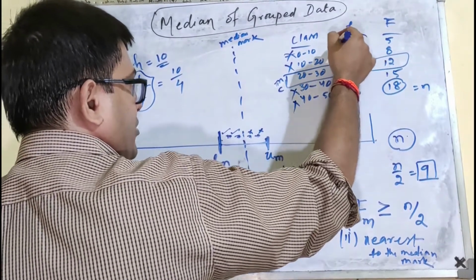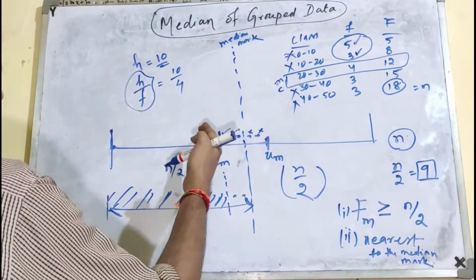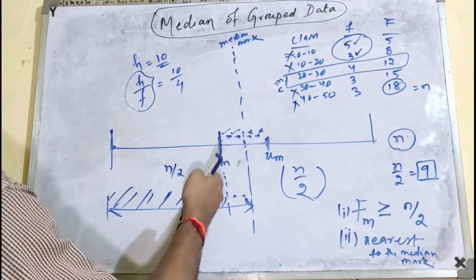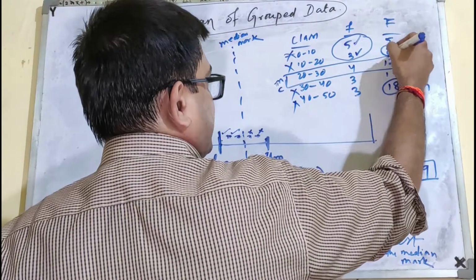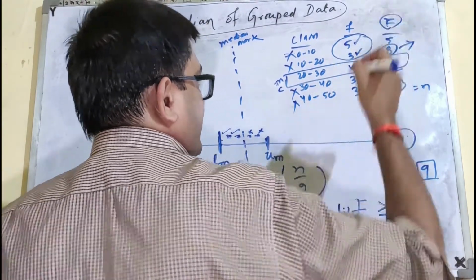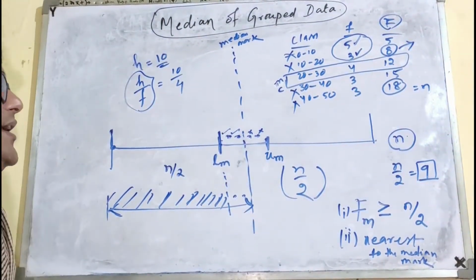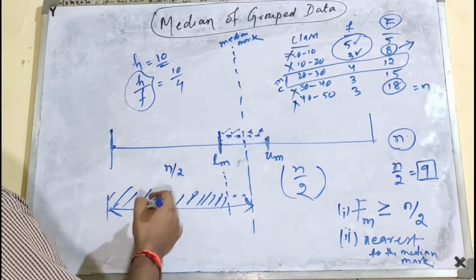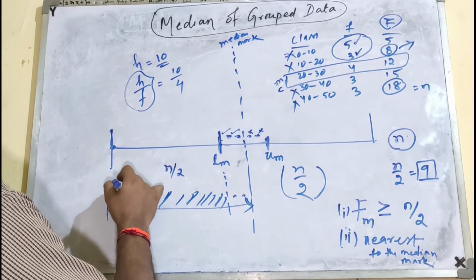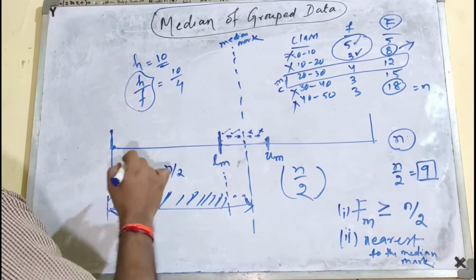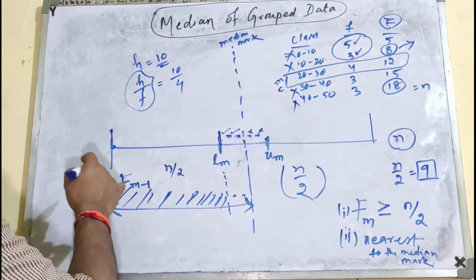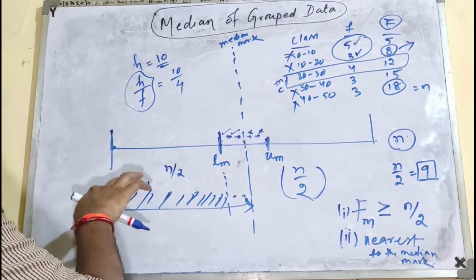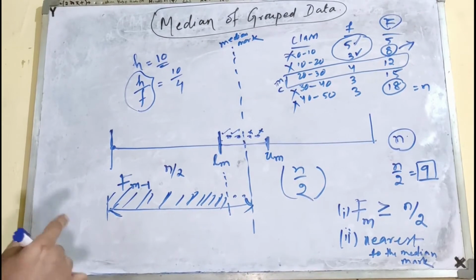So total 8 data points actually exist below the lower limit of the median class, which is the cumulative frequency of the class that precedes the median class. So we denote this particular shaded area as the cumulative frequency of the class preceding the median class, denoted as the uppercase F subscripted by n minus 1.